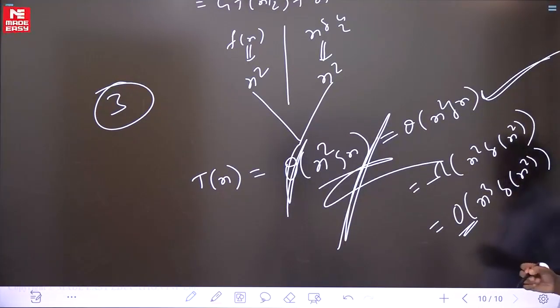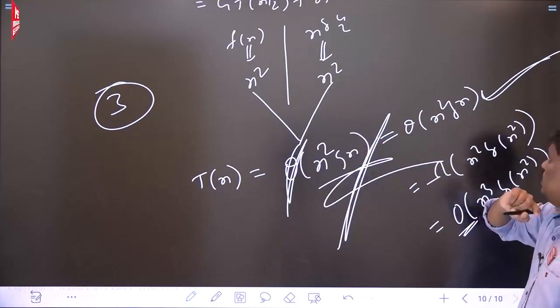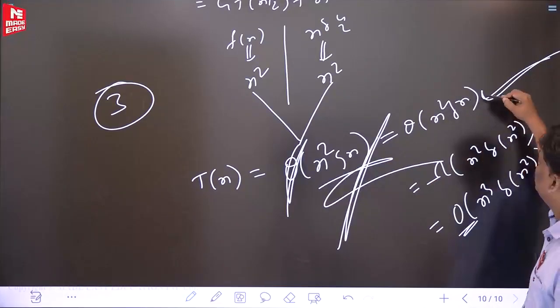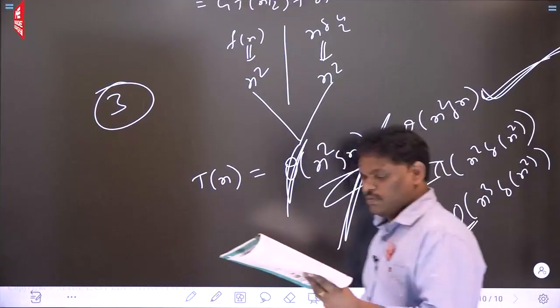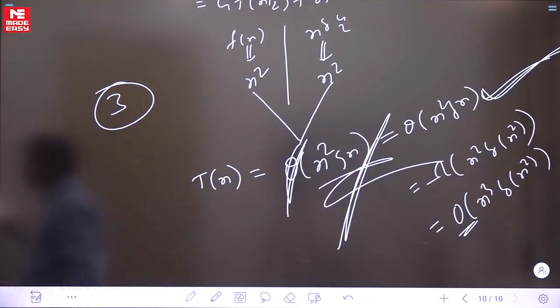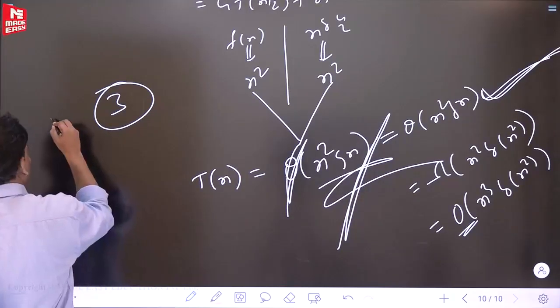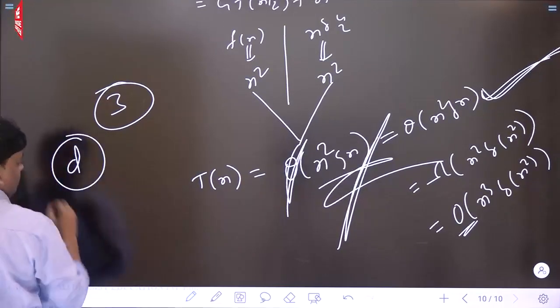The number of correct assertions are 3. If you want to select one, the closest one, I think it is the tightest one you can select. But he is asking the number of correct assertions, which is 3. So for question number 26, the answer is 3. D is the answer.